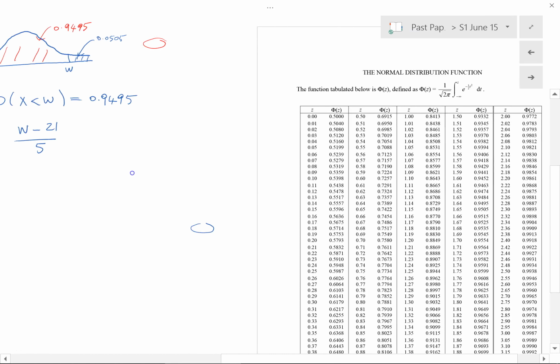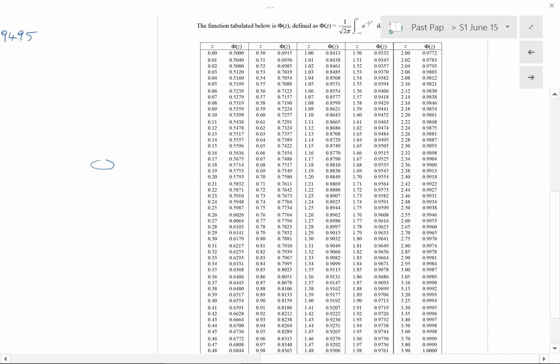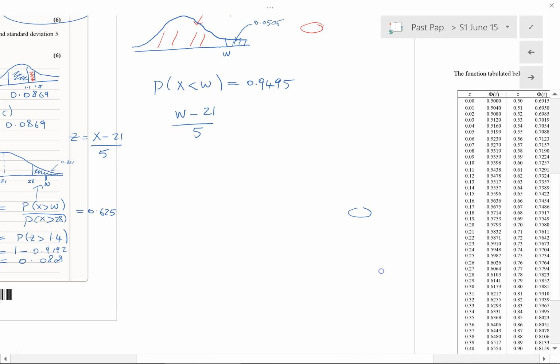If I can scroll all the way across here to have a look. 9495. Oh, it's bang on. That's 1.64. We're nearly there. So now W minus 21 is equal to 5 times 1.64, which is 8.2. So W is equal to 8.2 plus 21, which is 29.2.